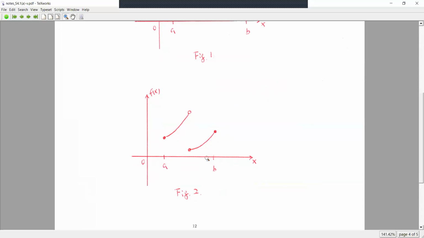Then over this interval AB, the function has no maximum. This point is the highest point, but this point is not part of the function. At this point, there is no function value. So this function has no global maximum function value over this interval AB.